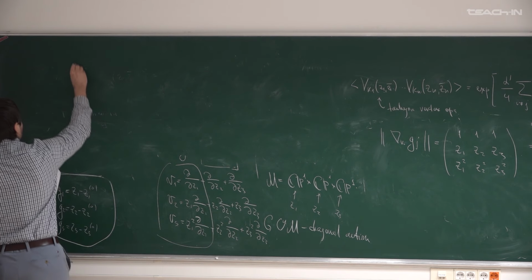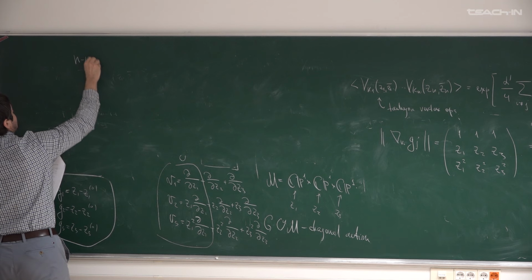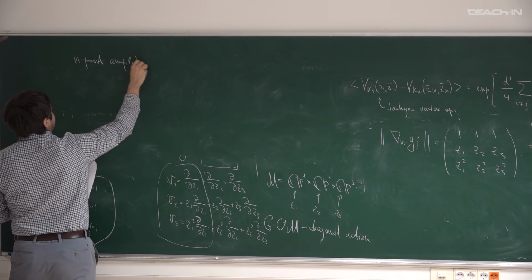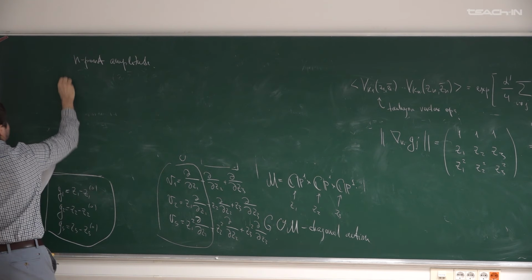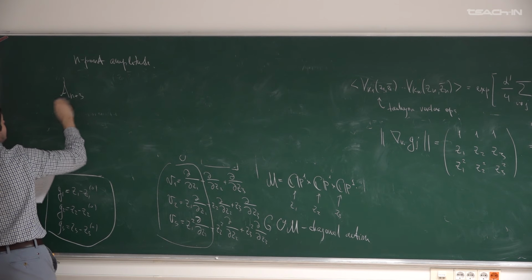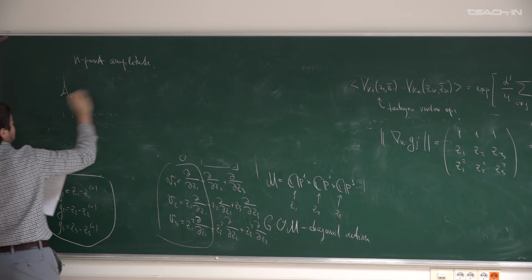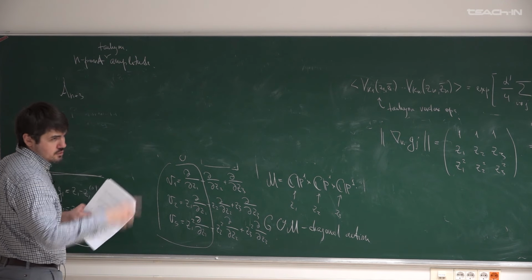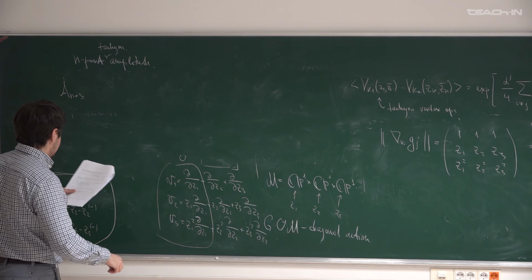So the n-point amplitude is defined as follows. So n plus 3. Yeah, this is the n-point tachyon amplitude. Like I said, if you want other particles, you have to insert other polynomials corresponding to vertex operators.